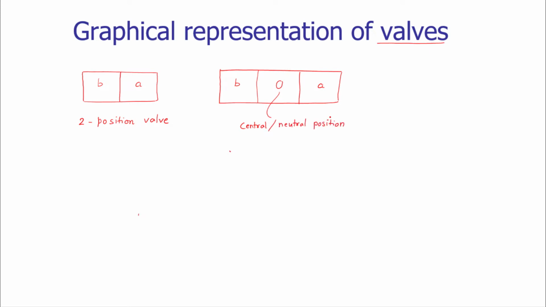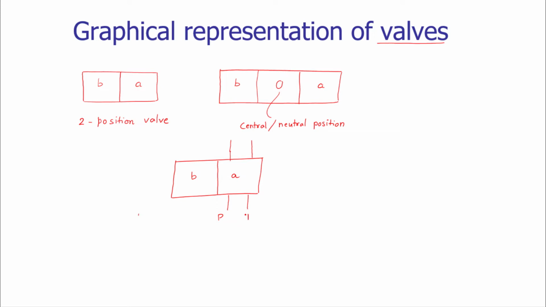Now to these positions, we are adding the ports and the actuation information. Here we are designating the ports. Consider this two-position valve having four ports. The port P is designated the pressure port.